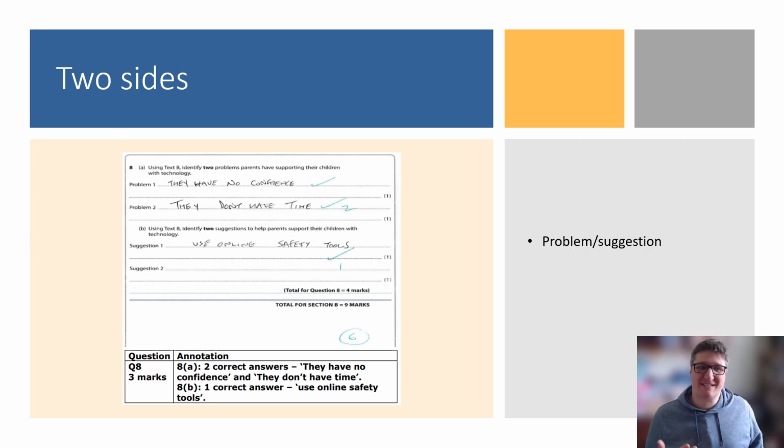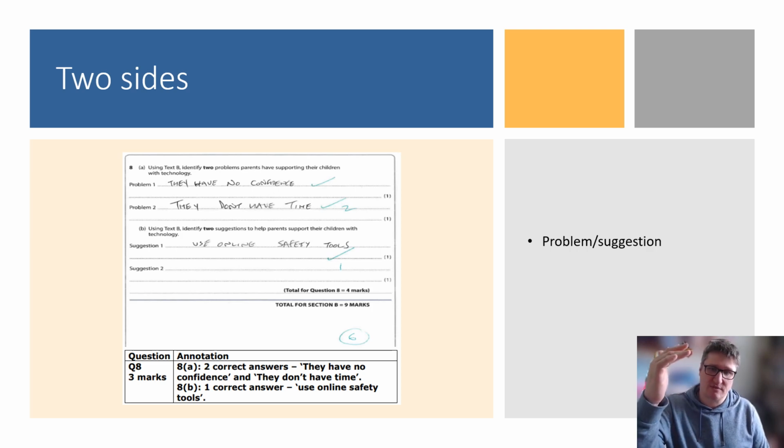2 problems parents have supporting their children with technology. And you find that they have these 2 problems, confidence, and they don't have time. And there are various other things mentioned. If you're being asked for 2 things, there's probably 4 or 5 in the text that you can choose from. Probably. Then the next one rolls on from that. Using text B, identify 2 suggestions.